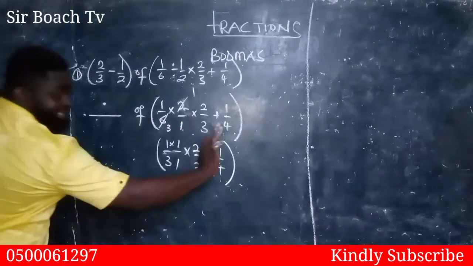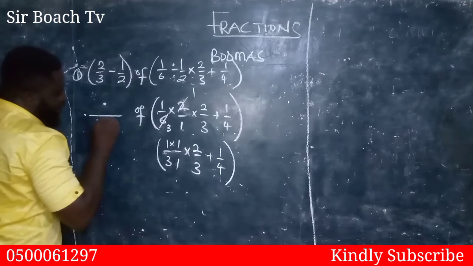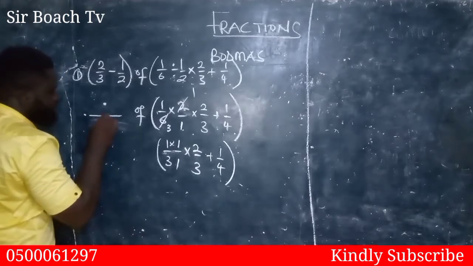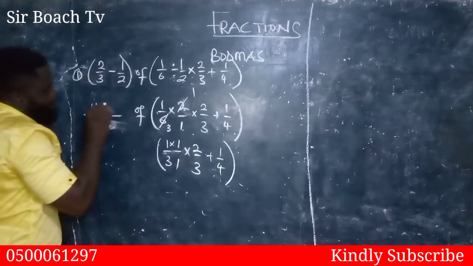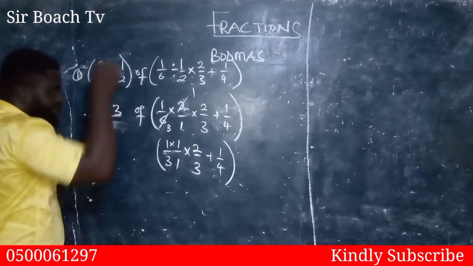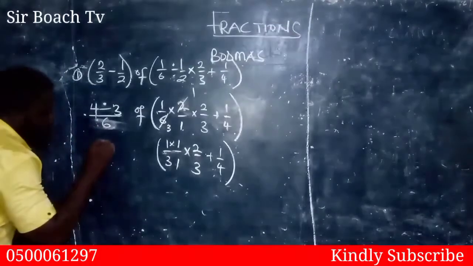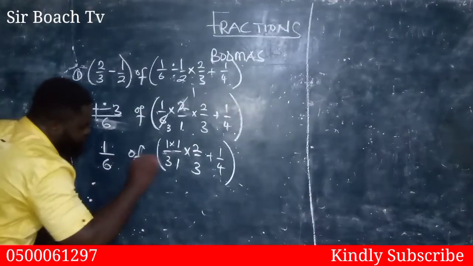Then with this side, for this side, we'll get our LCM of 6. Now this goes here 2 times, so I'm going to get 4 here, minus this goes here 3. That will also give me 3. Now I'm going to get 1 over 6 of.